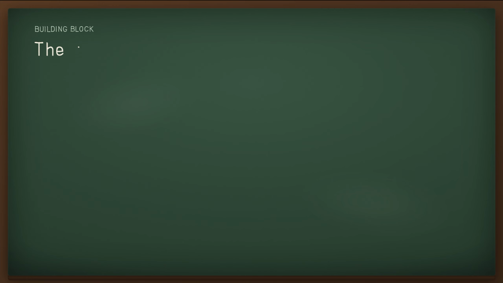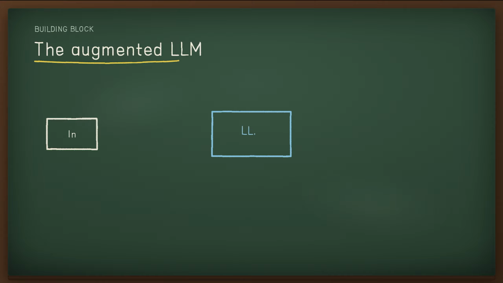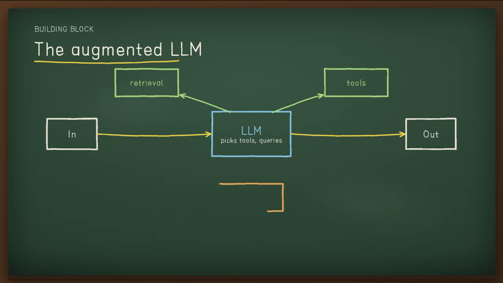Now, the patterns themselves. We'll start with the foundational building block and add complexity gradually. That building block is the augmented LLM, a model enhanced with retrieval, tools, and memory. Today's models use these actively, writing their own search queries, picking the right tools, deciding what to remember.